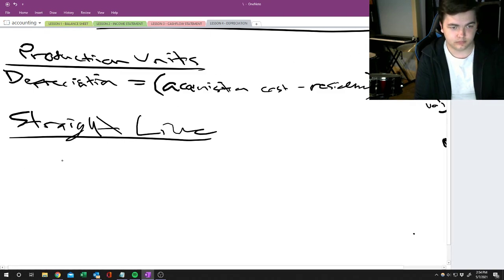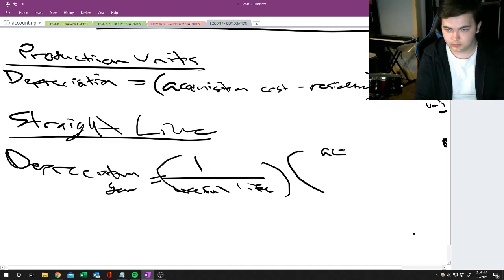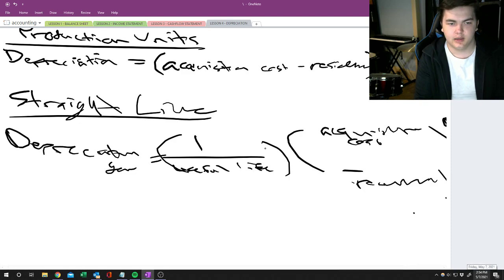Basically, the depreciation in a given year is equivalent to 1 over the useful life times the depreciable cost, acquisition cost minus residual value. So basically, if you had a useful life of 5 years, you would just subtract 1/5 of the depreciable cost every year. So it would be the same depreciation expense every year.